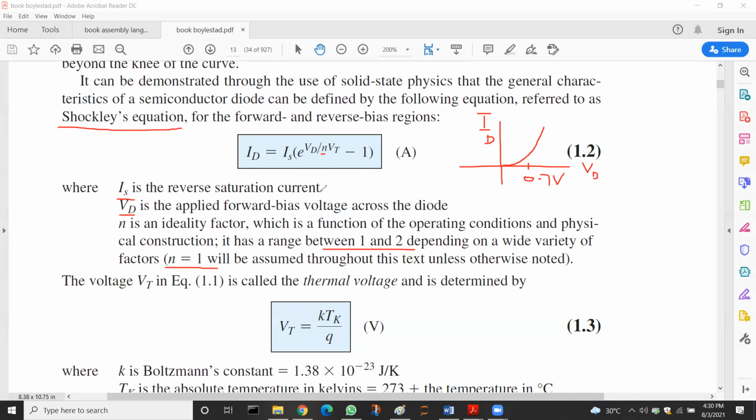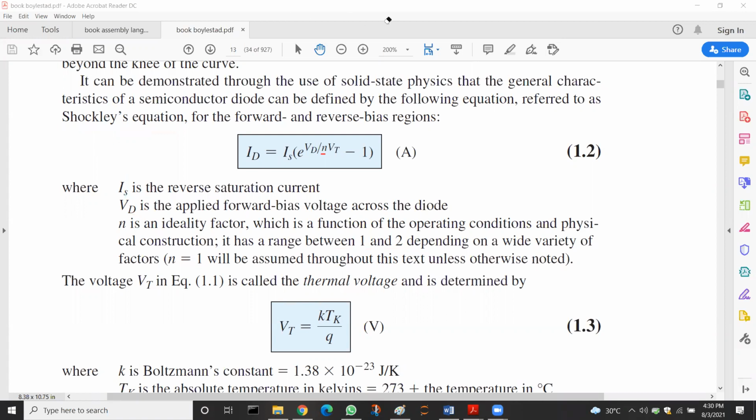There is also a relationship with the thermal voltage, the change in voltage characteristics due to the change in temperature, related with this formula, which includes a constant, the Boltzmann constant, and the temperature is in Kelvin.